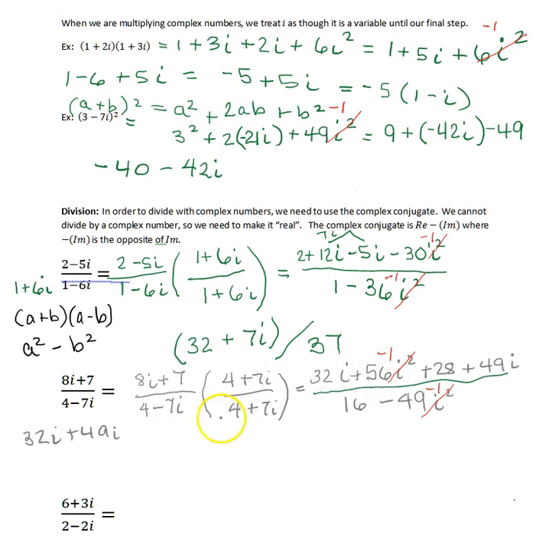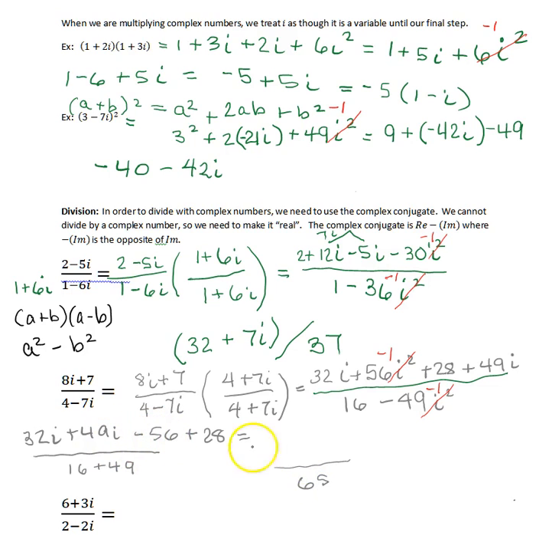And then I have -56 plus 28. And that's all going to be over 16 plus 49. So that's going to become a 65.